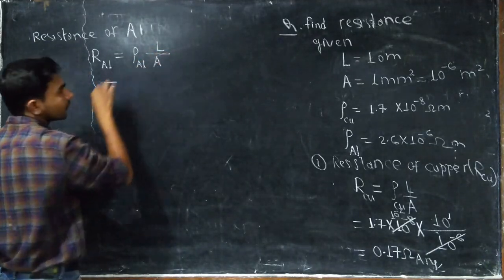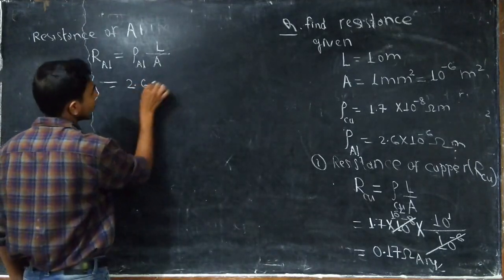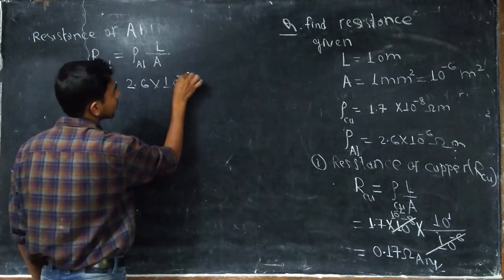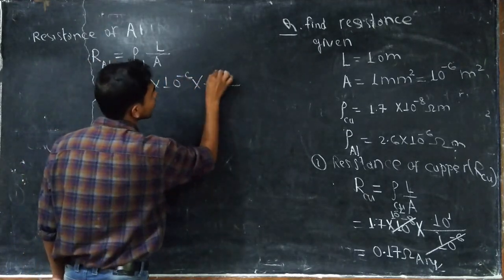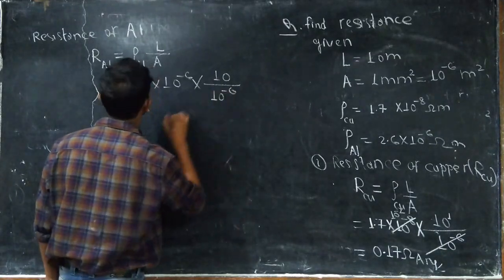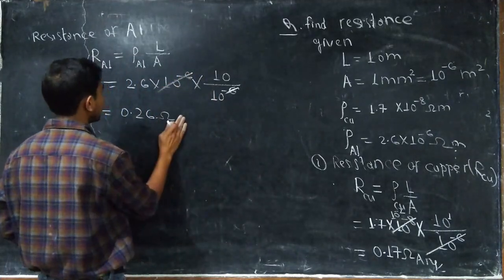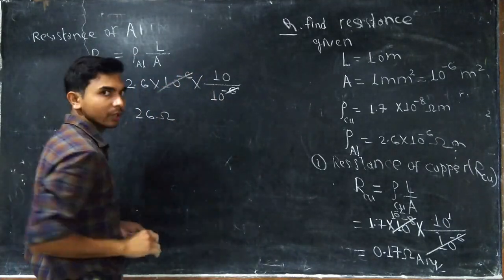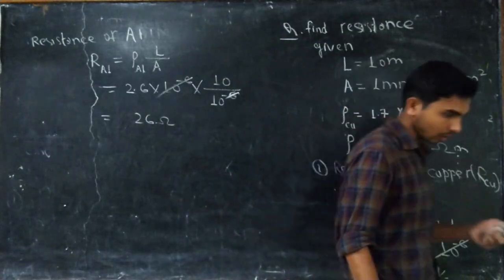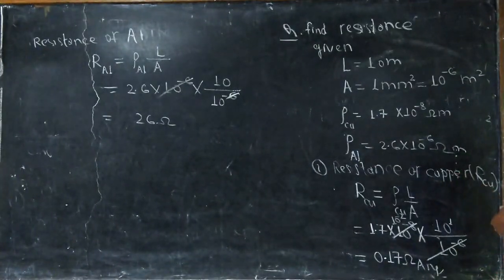This value is given as 2.6 into 10 to the power minus 8, and length is 10, and the area is again 10 to the power minus 6. So the 10 to the power minus 6 cancels, and 26 ohm will come. So note it down. You have written this part right.